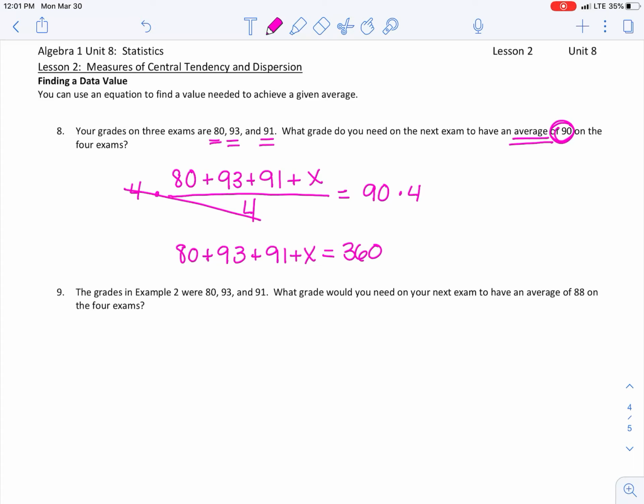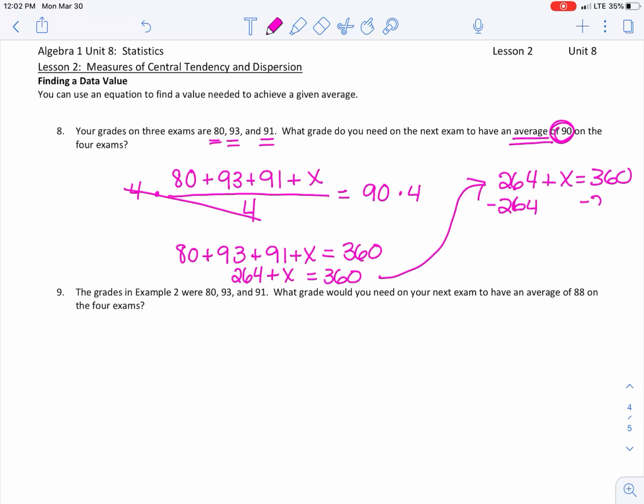Now we know to go ahead and combine like terms. So we have 80 plus 93 plus 91, and we get 264 plus X equals 360. I'm going to go ahead and write that over here. Well, we know how to solve this. We can just subtract the 264 on both sides.